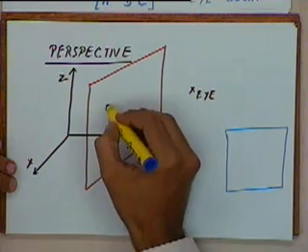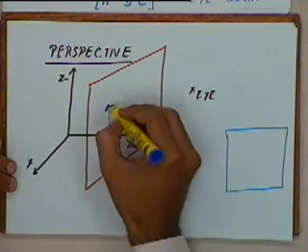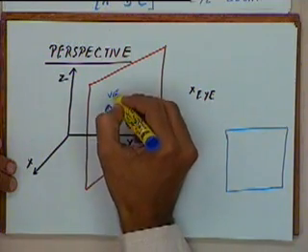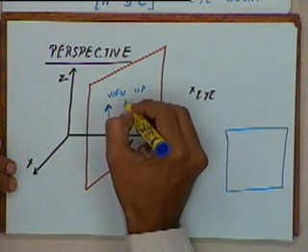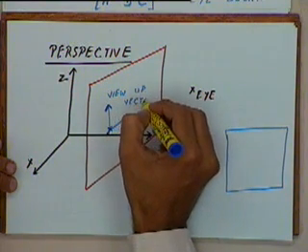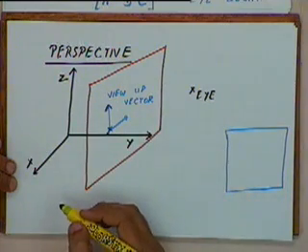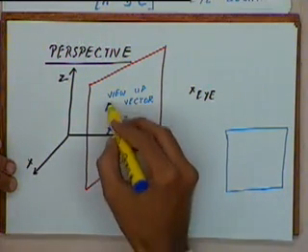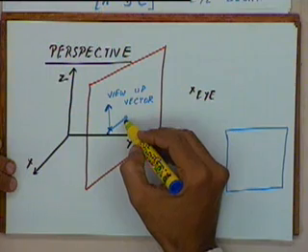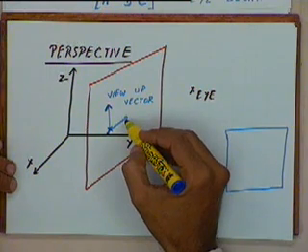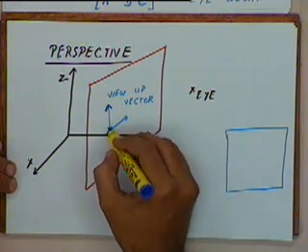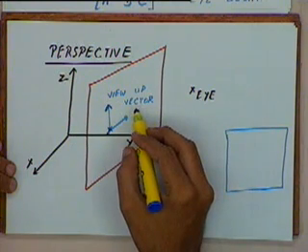We will say that this is the upward direction, or the term that is sometimes used is the view up vector. If we define that this is the upward direction, we can get which is the horizontal direction. So we will have to define the origin here and the view up vector.